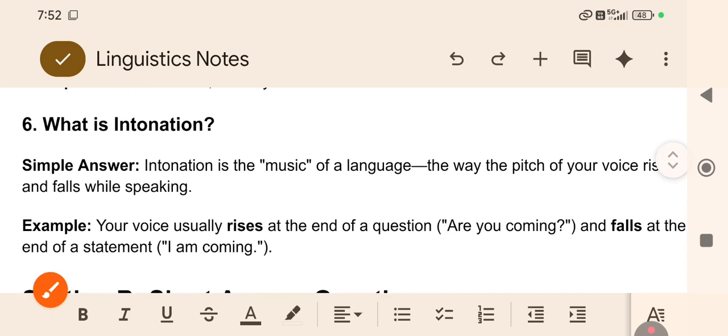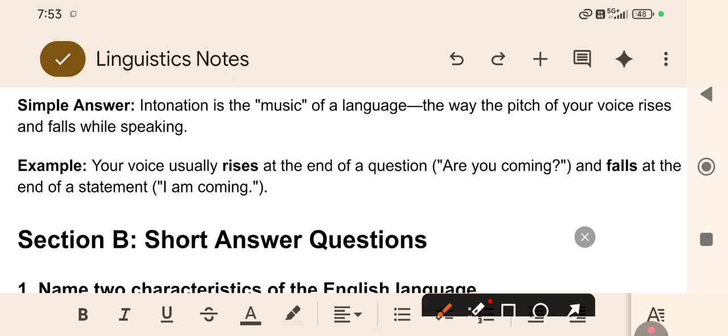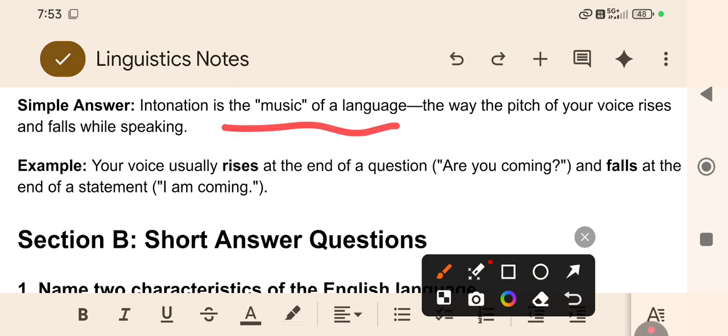What is intonation? Intonation is the music of language. You can remember it this way. The way the pitch of your voice rises and falls, the rising, falling tone of a language, right? Sometimes if I say, no, sorry, I cannot come, along with my words, my tone speaks about my intention, right?